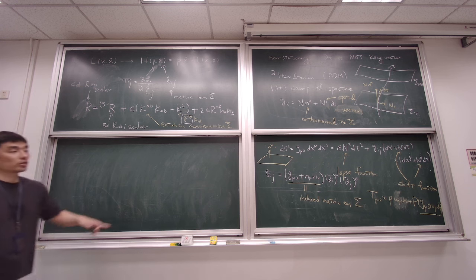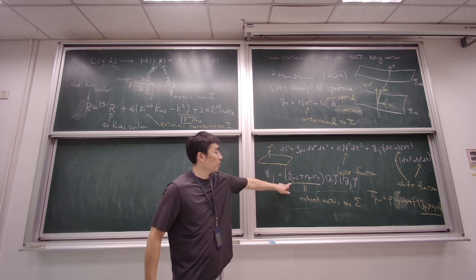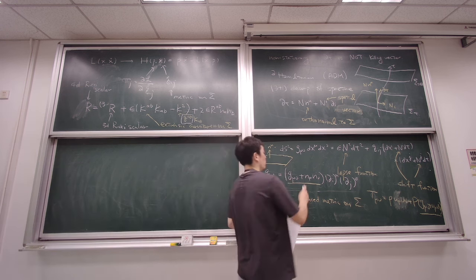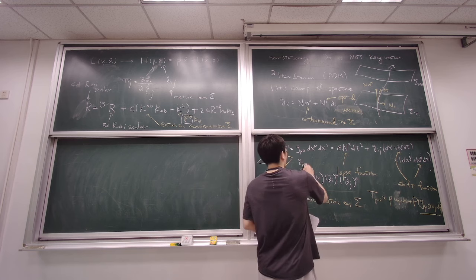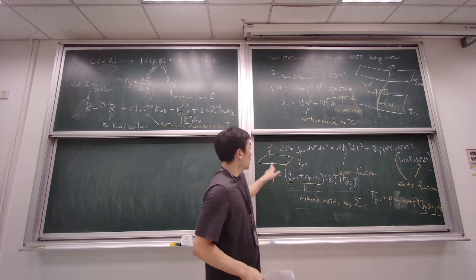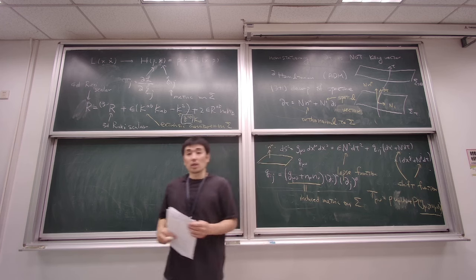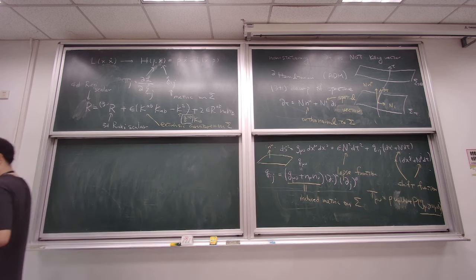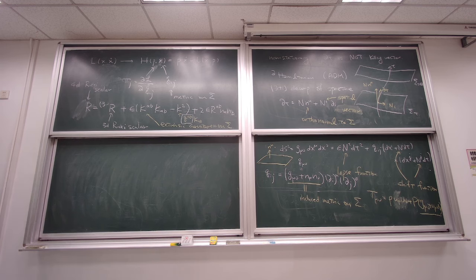The metric on sigma is Q_AB, and using this induced metric you can compute the induced Ricci scalar.